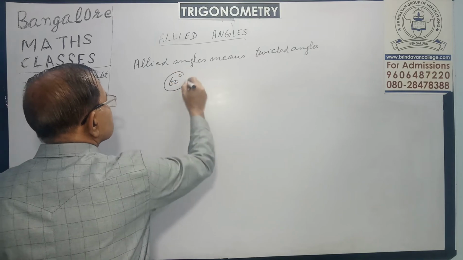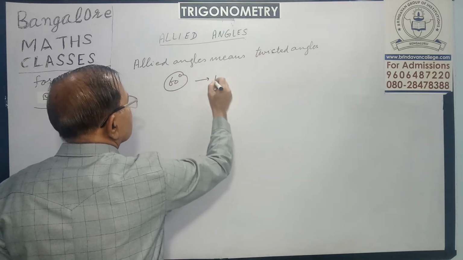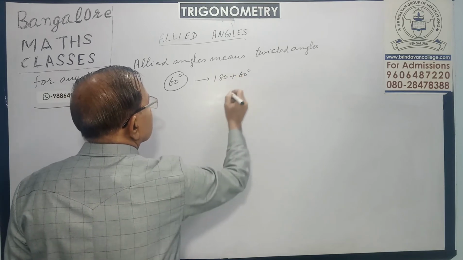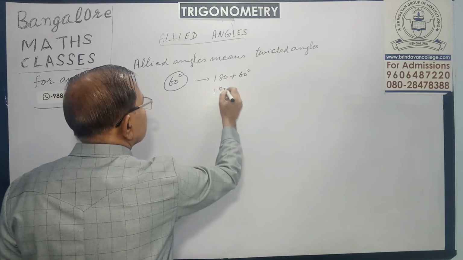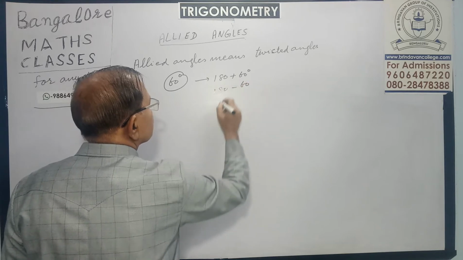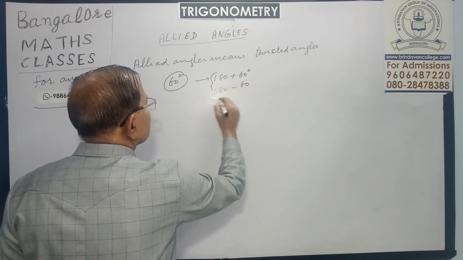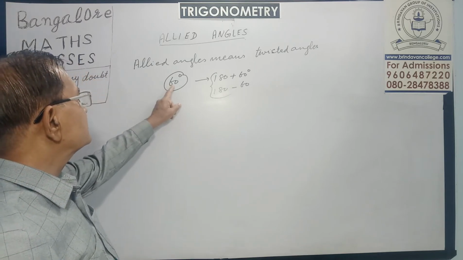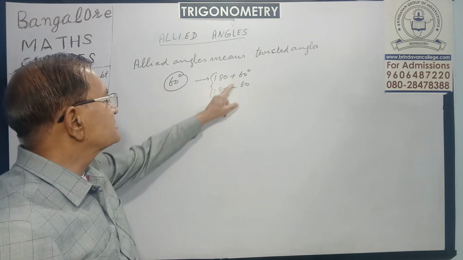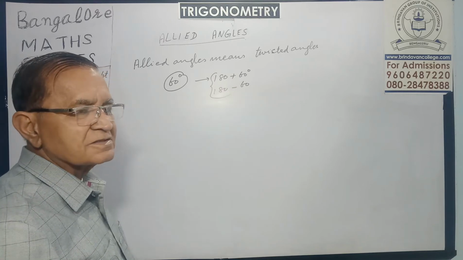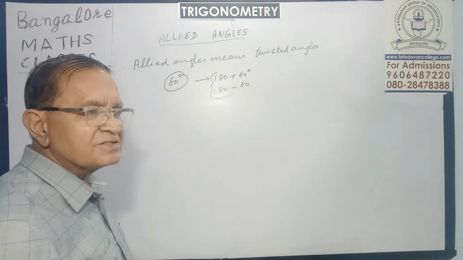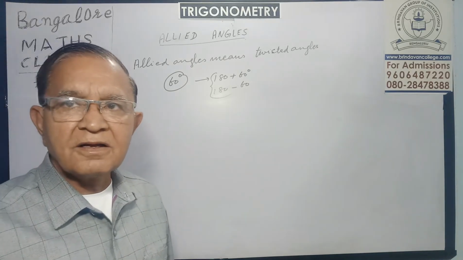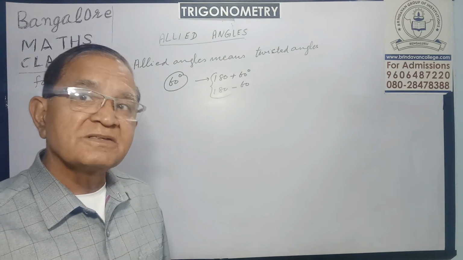I will put it as 180 plus 60 or 180 minus 60. This is what we call allied. I have changed it from 60 to 180 plus 60 or 180 minus 60. This change is called an allied angle. See, so simple is the definition.